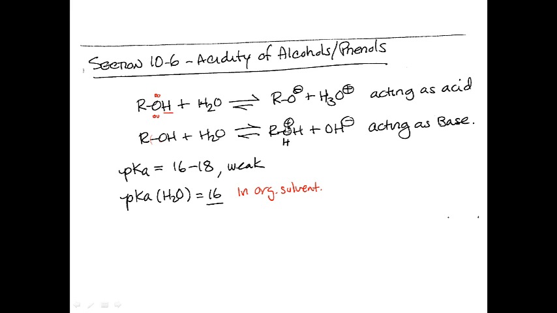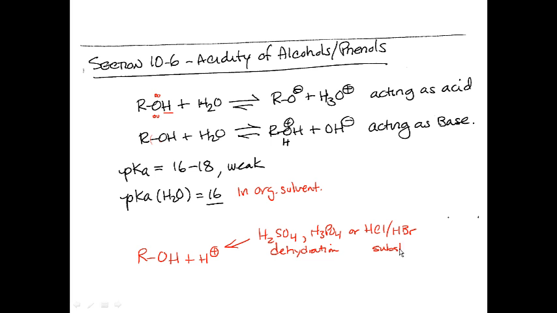So I'm going to accomplish this second step of protonating the OH simply by adding H+, and that H+ is either going to come from sulfuric or phosphoric acid, or from HCl or HBr. But remember, these two lead to dehydration reactions, and these lead to substitution. We'll talk about that when we talk about reactions of alcohols, which is in chapter 11, the next chapter.